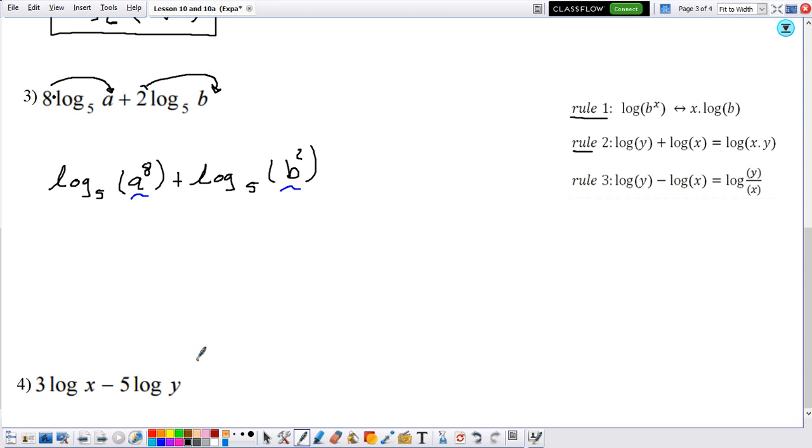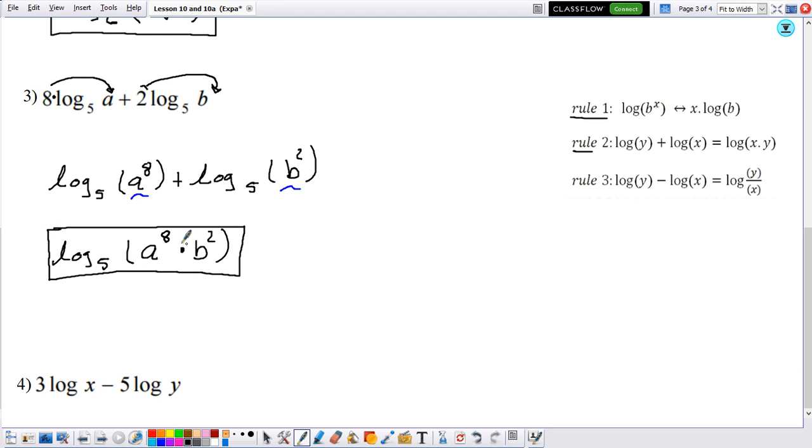So because of rule number 2, we can just rewrite this as log base 5 of the first expression inside the logarithm, 8 to the 8th, times b to the second. Because remember that addition is multiplication in logarithm.